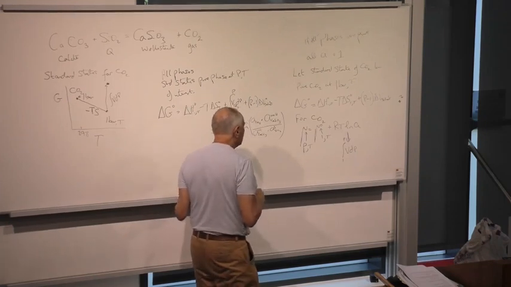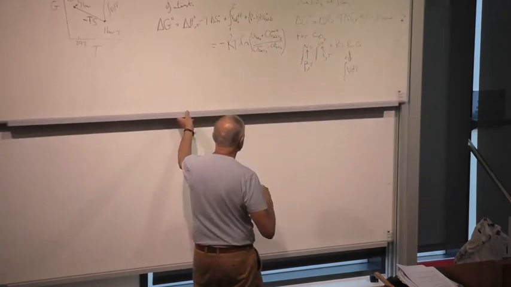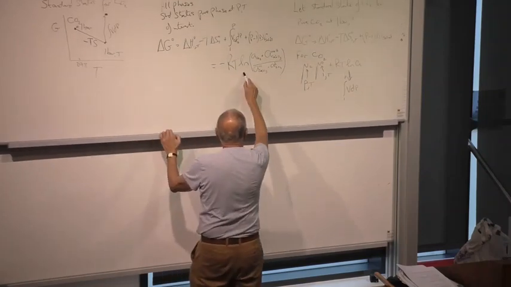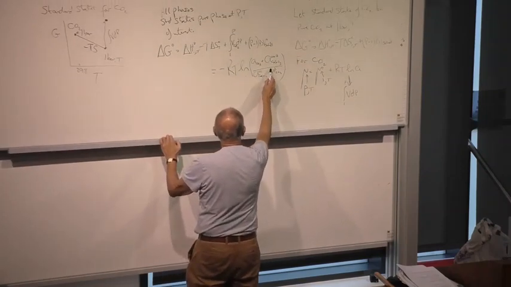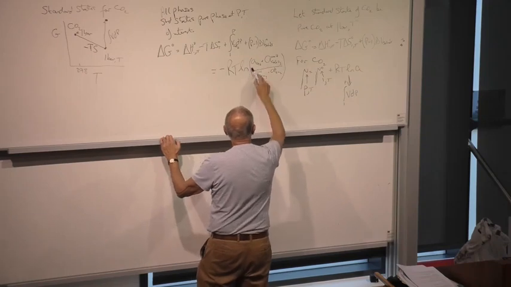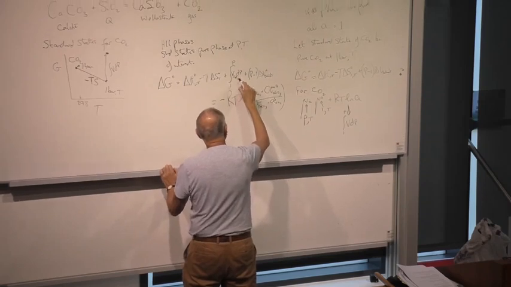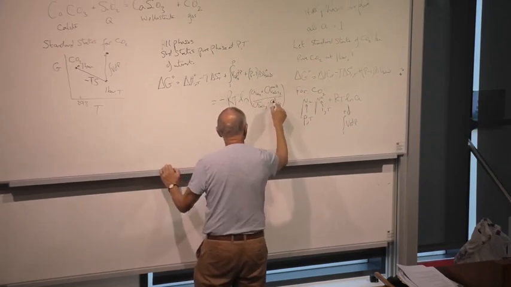Now, in this case, all of these are 1 because our standard states are all pure phase at P and T, and all our phases are pure.